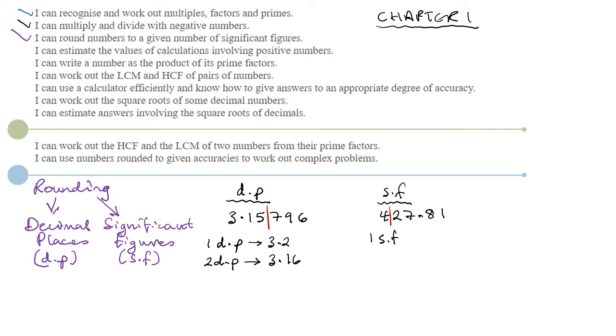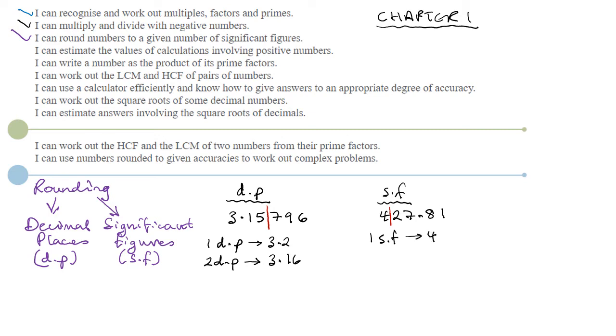So again, we look at the digits either side of that line. And because there's a 2 after the line, that means in this case that the 4 doesn't change. It doesn't go up to 5, it stays as 4. So I'll write it down as 4.